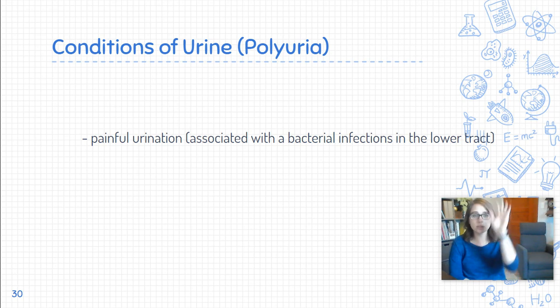This first slide are different terms we use in talking about what's in the urine or conditions of your urine. These are just different versions of urine. We've got normal healthy urine, which should just have in it those waste products: urea, uric acid, creatine. It'll have water in it.